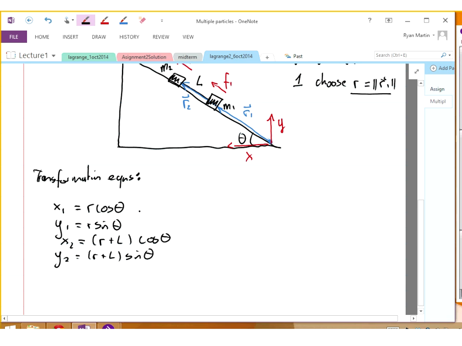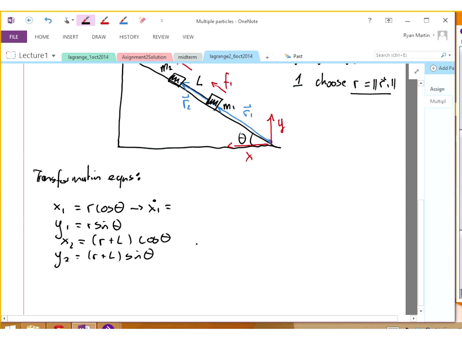To write the kinetic energy, we're going to need the velocities in terms of the generalized coordinate. The only variable here is our generalized coordinate r. So theta and l are constants, right? If I write x1 dot in terms of the generalized coordinate, I have r dot cos theta, since theta is a constant.